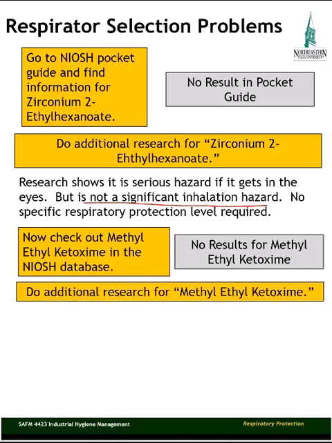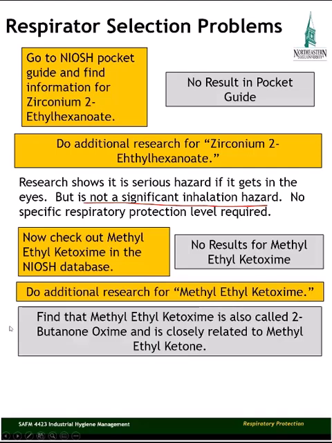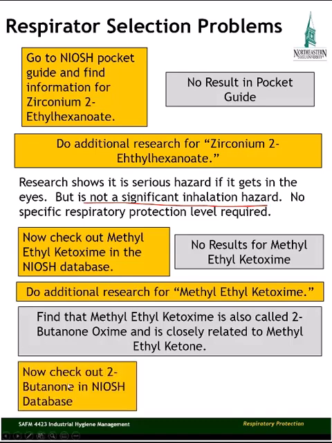We do some additional research, and we find out that this is also called 2-butanone oxime and is closely related to methyl ethyl ketone. Now we go back to the NIOSH database and we check out 2-butanone, and we do find some results.